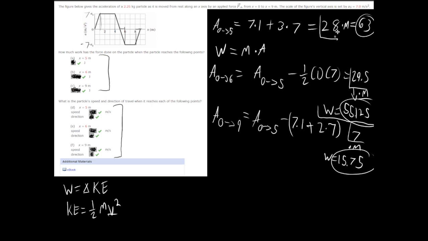Now we figured out the work in each of these scenarios. So at 5, we know how much work has been done. So what we could do here is substitute this for this, and we can now say that work equals 1/2 mass times velocity squared.